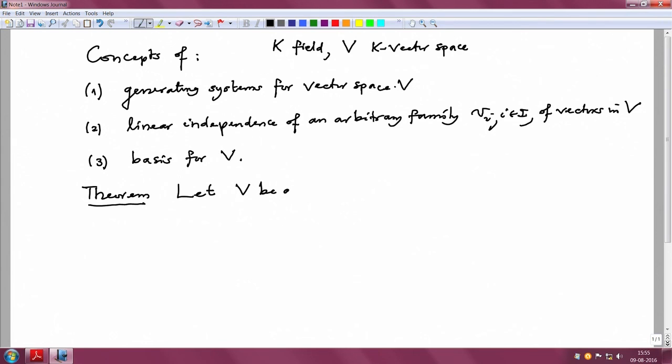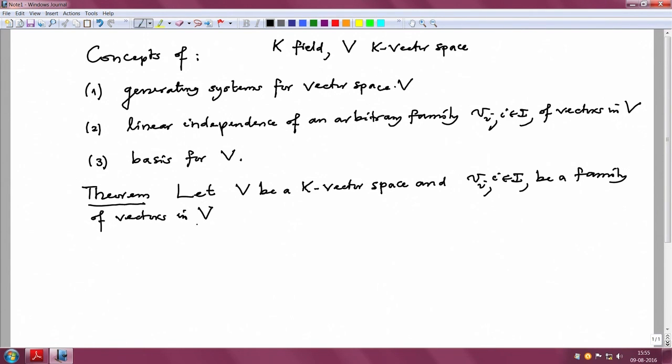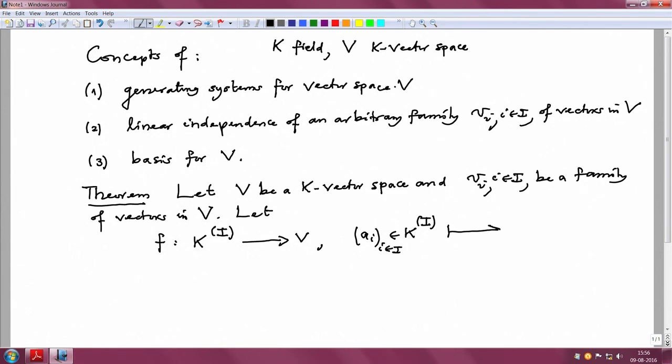Let V be a vector space and Vi, i in I be a family of vectors in V, and let F be a map from K power round bracket I to V defined by any tuple Ai, i in I, which is in K power round bracket I, goes to the linear combination of these Ai, Vi.